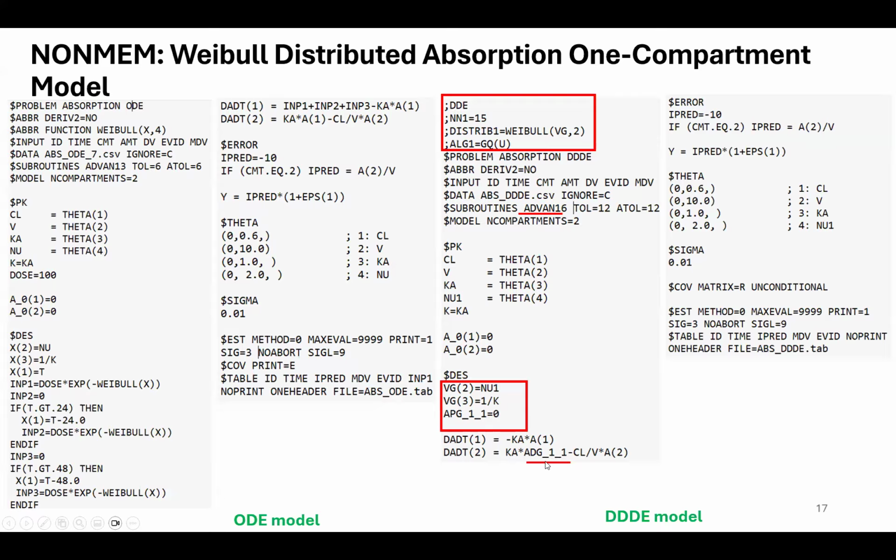And then the actual convolution integral is coded as ADG, first compartment convoluted with the first distributed delay times. So these are the new features that are not present in regular ODE NONMEM codes. If you don't have them, then these implementations wouldn't work. And other parts are exactly the same as for the ODE model. So I fit the same data using those two models.